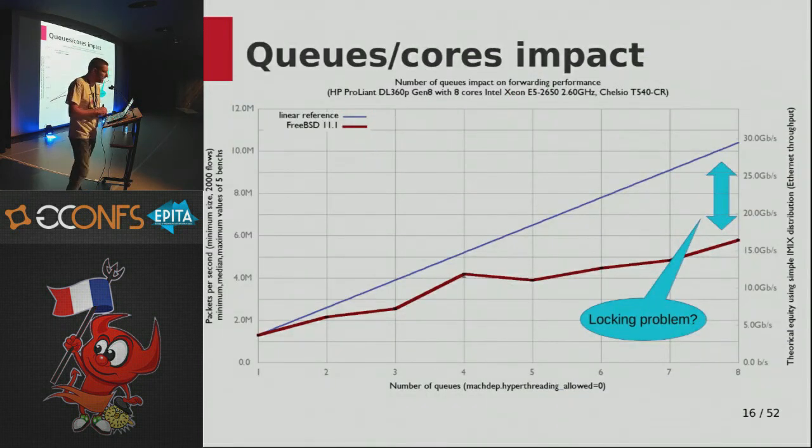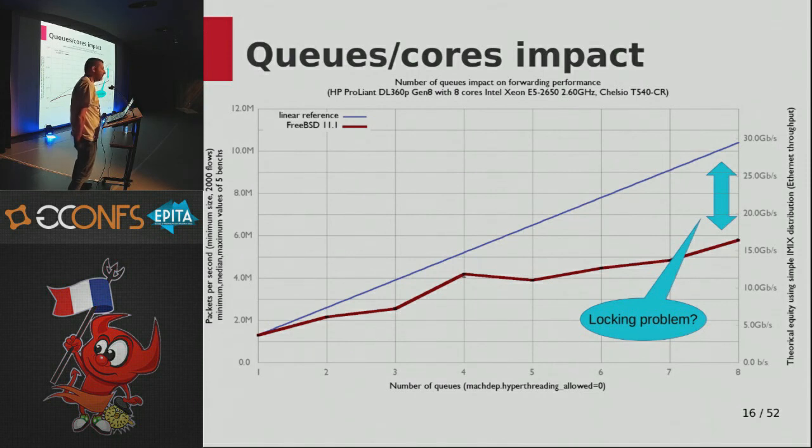I'm forcing my Chelsio card to use just 1 queue and 1 CPU for the first, and up to 8 CPUs. And surprise, with a reference blue line, it's a linear reference. We've got a problem. I can add CPUs, but it will not solve a lot of my problem. There is a big difference. It does not scale today.